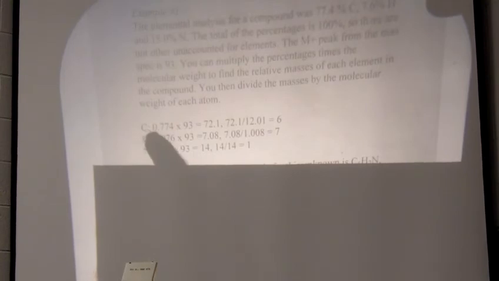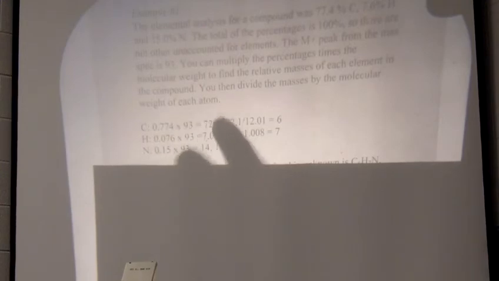So we'll take each of these percentages. For carbon, 77.4%, we multiply by the mass: 0.774 times 93. It tells you how much of this 93 is carbon. So 72.1 grams per mole is carbon.